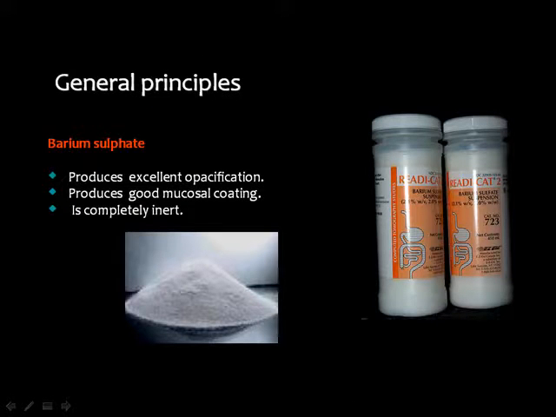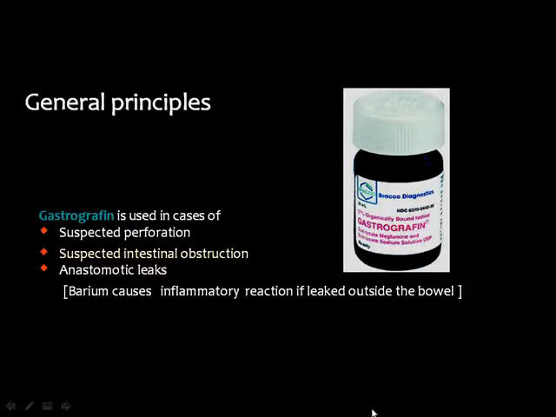Barium was previously provided as a powder, and you would dissolve this powder in water and then give it to the patient. But nowadays, barium is provided in ready-made preparations like this, which are directly administered to the patient. And sometimes we cannot use barium.